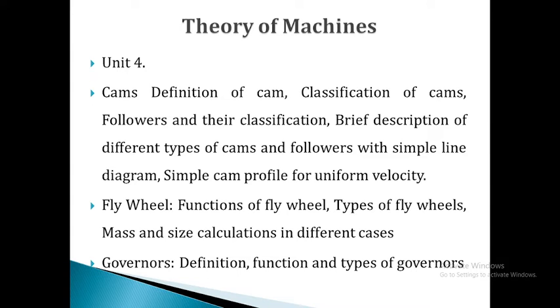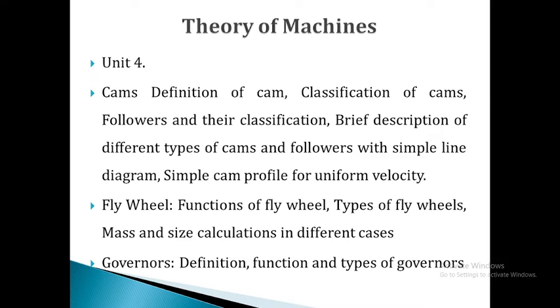Generally flywheels are used in internal combustion engines. So what is the working of the flywheel and how to calculate the energy storing and transferring system in the flywheel.